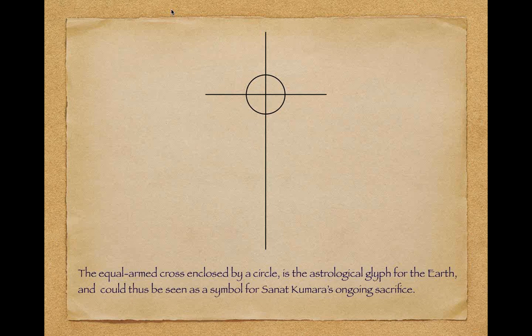Thank you. Okay, the equal arm cross enclosed by a circle is the astrological glyph of the earth. Oh, I just love synchronicity. And could thus be seen as a symbol for Sanat Kumara's ongoing sacrifice. Because remember, he is incarnate, just etherically. But he has, for untold eons, been with us, literally.